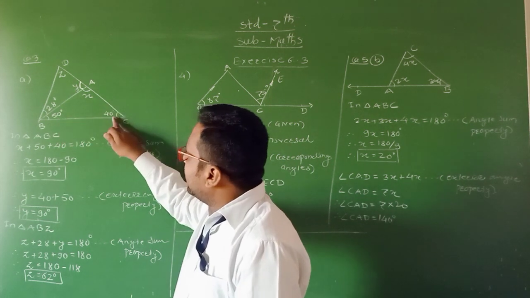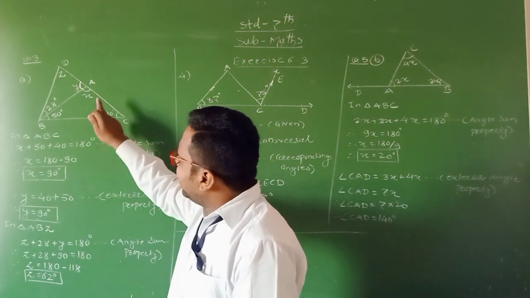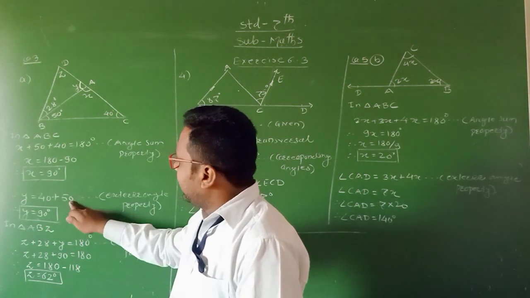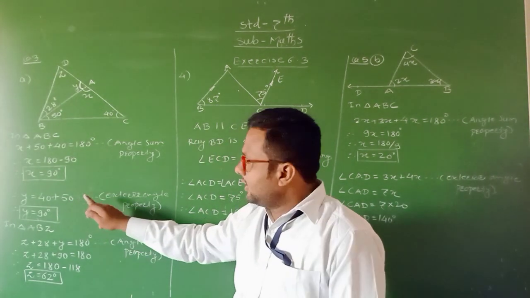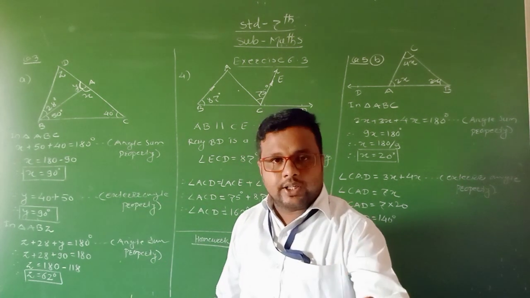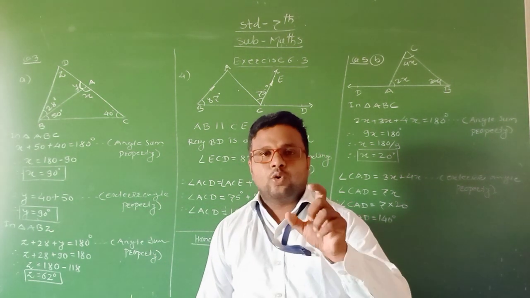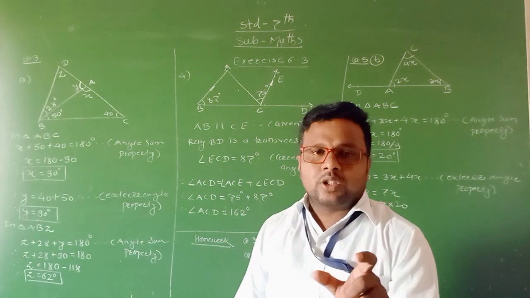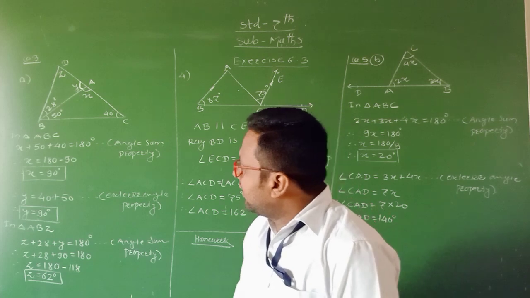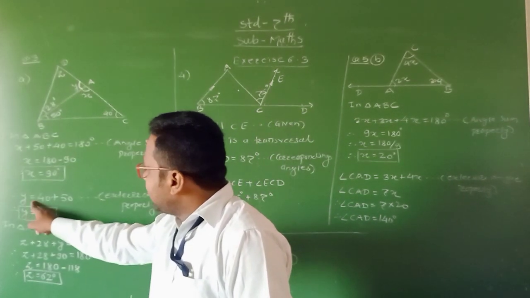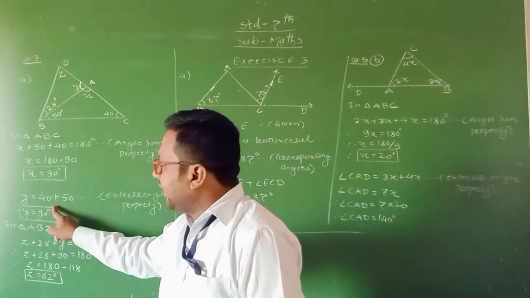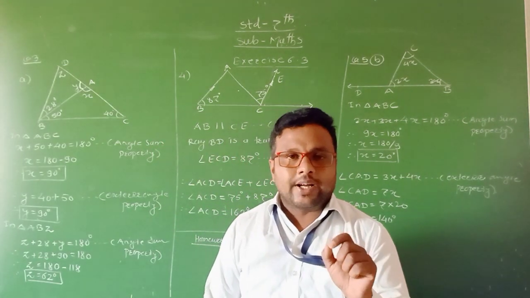The remaining two angles are given, so we can easily write y is equal to 40 plus 50, by the exterior angle property. Y is the exterior angle of the triangle, therefore its measure is equal to the sum of the remote interior angles. Therefore y is equal to 40 plus 50, which is 90 degree.